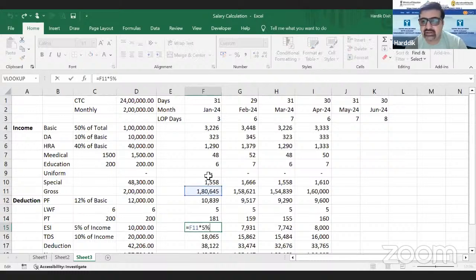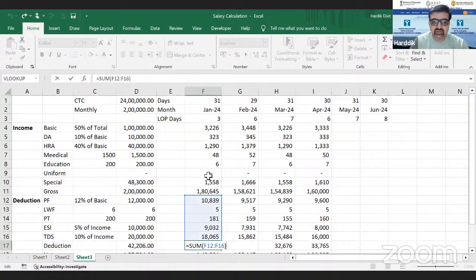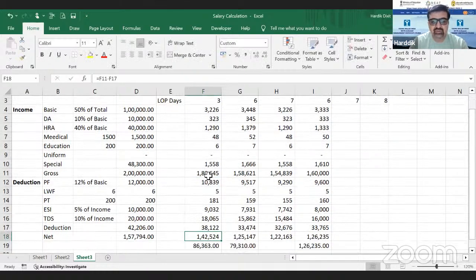My income is 180, 5% of that flat, 10% TDS on income, flat. So total deduction is this much. My net is 1,42,524 rupees and not 86,000.